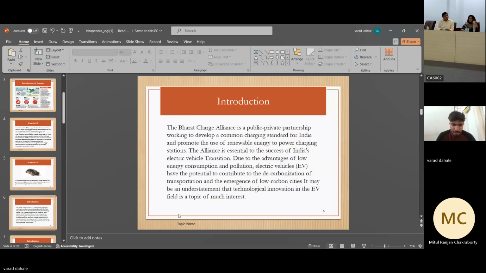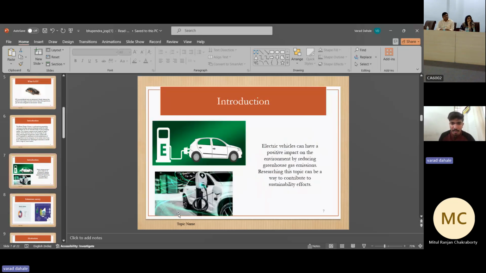Technological innovation in the EV field is a topic of much interest. Electric vehicles can have a positive impact on the environment by reducing greenhouse gas emissions. Researching this topic can be a way to contribute to sustainability efforts.